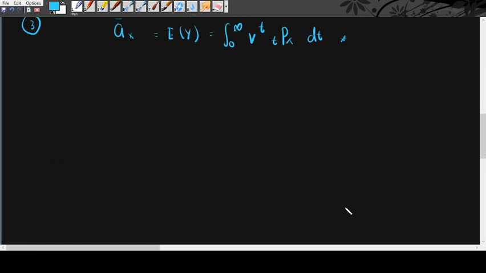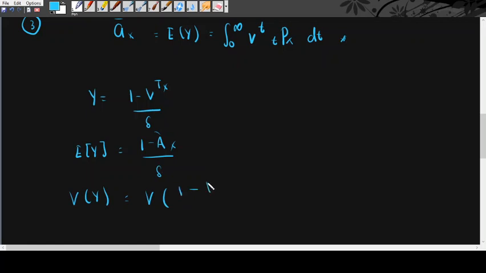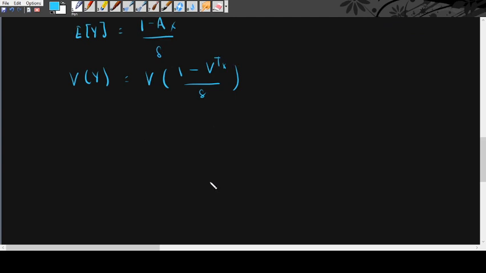Next is how to determine the variance. The variance of this annuity is not like the insurance part. Okay, so we know that Y is 1 minus v^Tx over delta, and the expected Y is 1 minus A bar x over delta. So when we are looking for the variance of Y, this is the variance of 1 minus v^Tx over delta. The variance of a constant is 0.